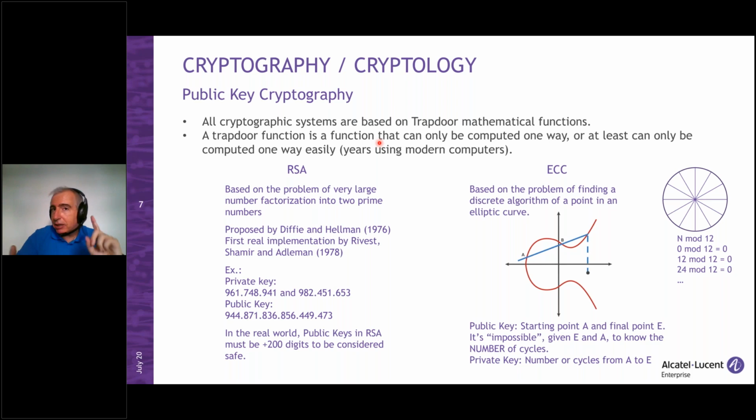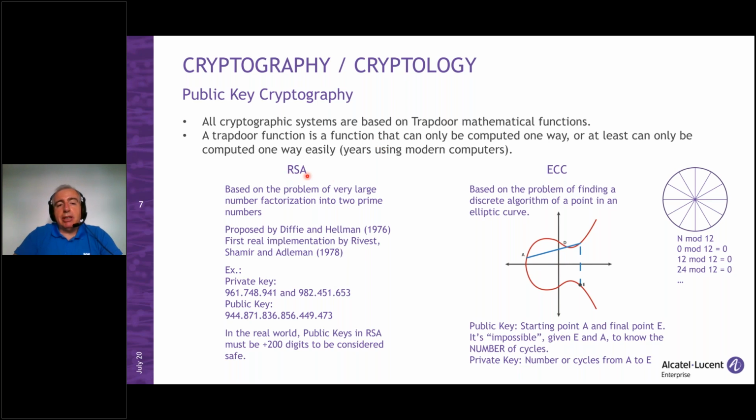This is not the same as a hash function. In a hash function, it should be impossible to go back, by definition. Here, if you know all the right parameters, you can go forward and you can go backwards. But if you go forward and want to go backward and you are missing one of the parameters, then it is impossible for you, or very difficult, or you will need a quantum computer or something like this to crack the code.